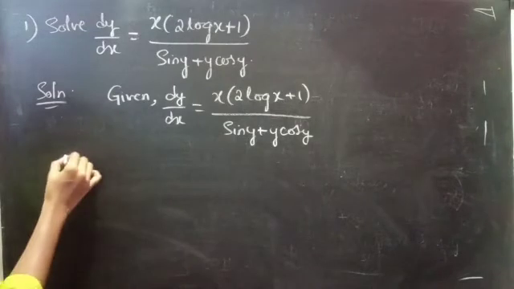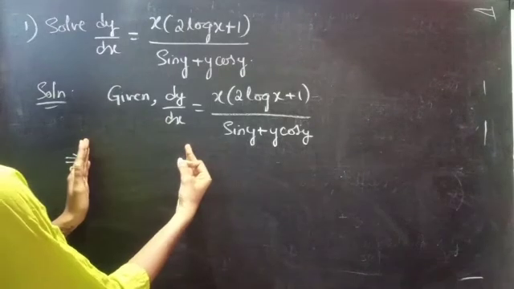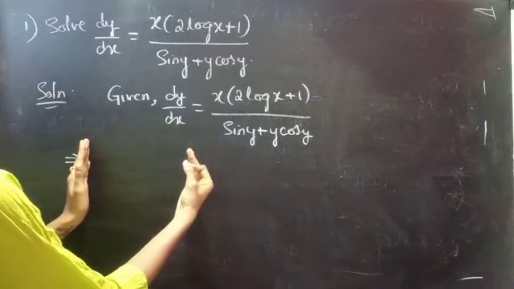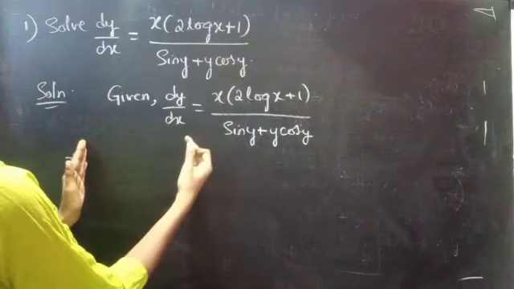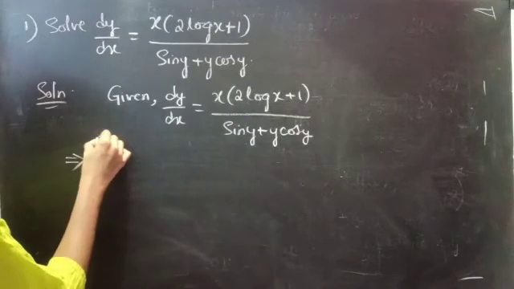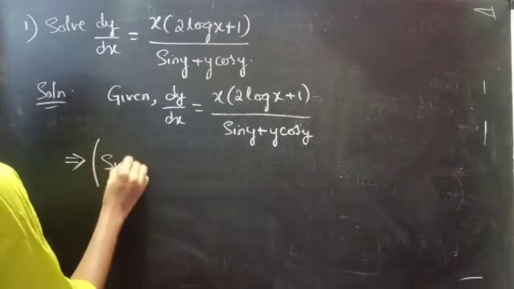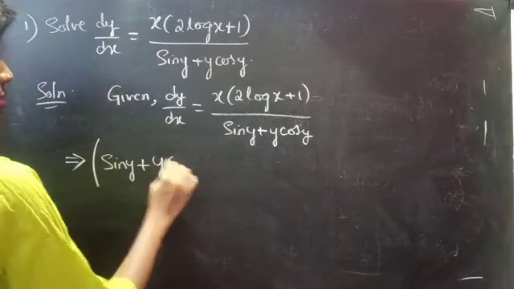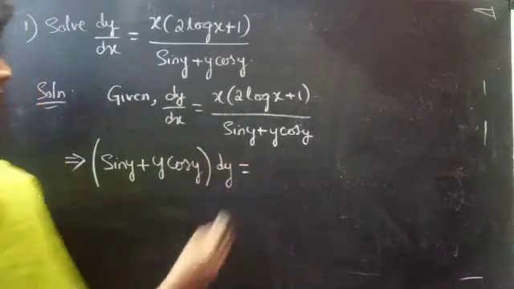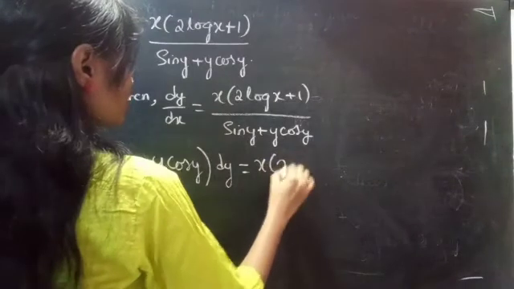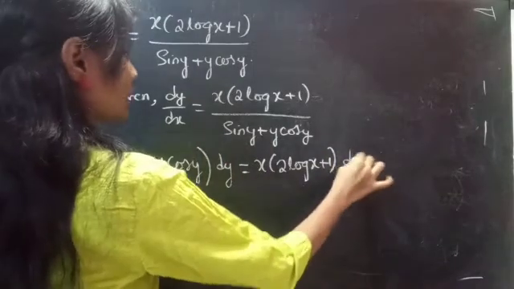Okay. So, we are going to write all the x terms, functions of x and dx on one side and dy on the other side. Since you have it in the denominator, you'll write the function of y, sine y plus y cos y, into dy, which is equal to x into 2 log x plus 1 into dx.